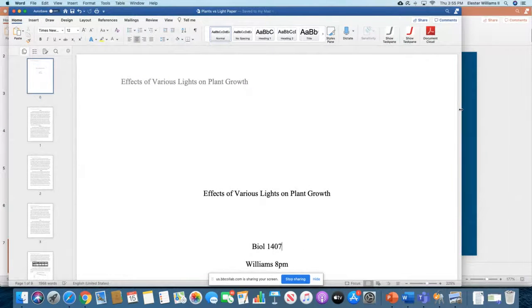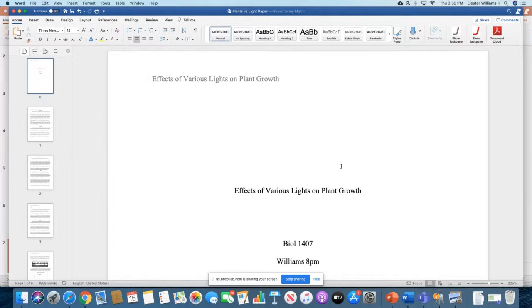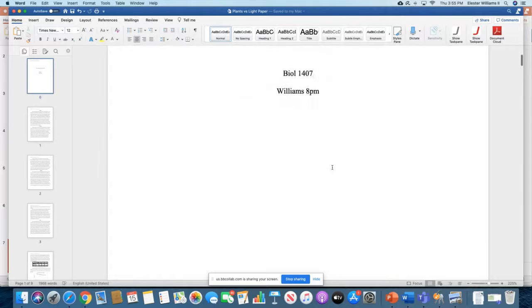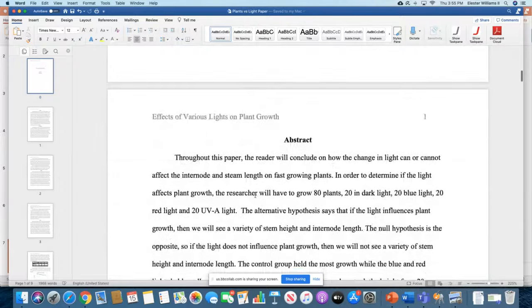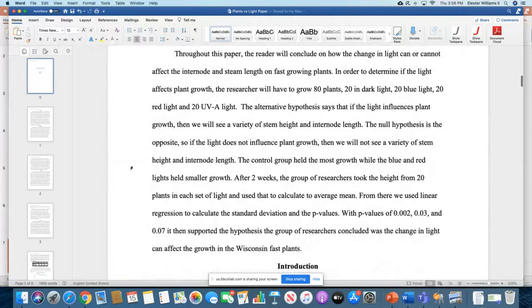So I redacted the names from this paper. They were here. This group looked at, again, the effects of light on plant growth. In their abstract, what I specifically like about this is that they included some information about what actually happened to their plants.